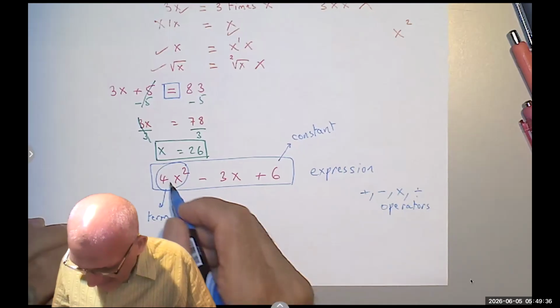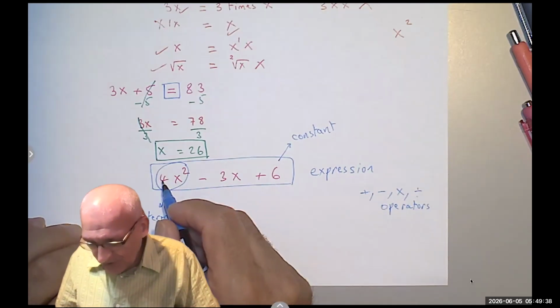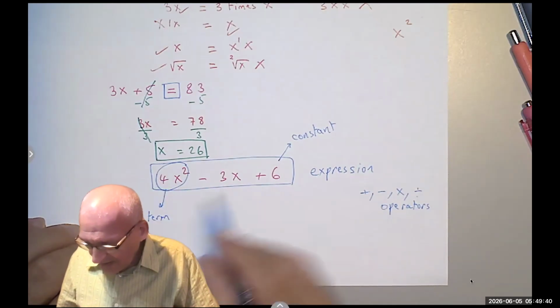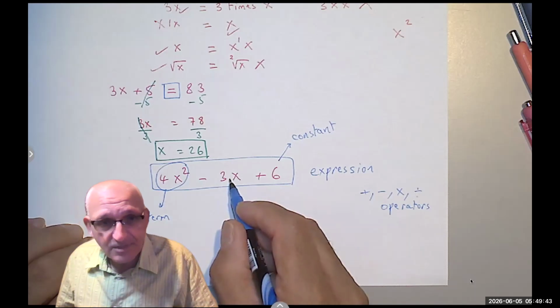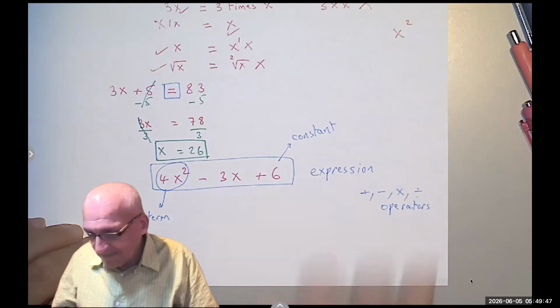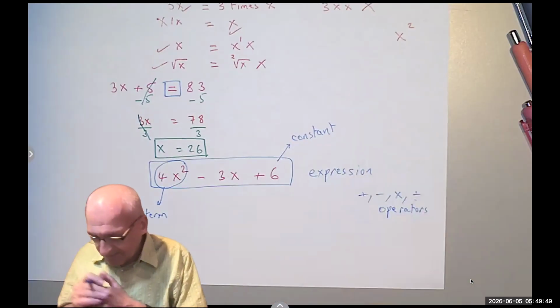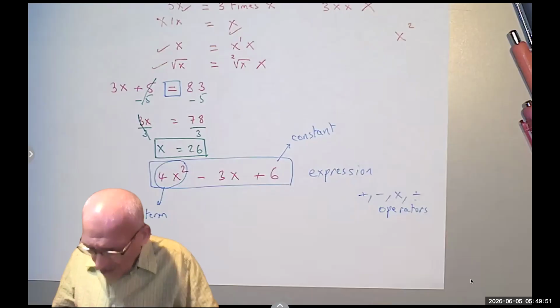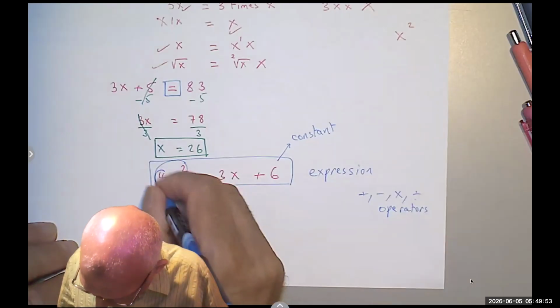I have a hidden multiplication sign between the 4 and the X squared. I have a hidden multiplication sign between the 3 and the X, right? We know that. We said multiplication usually is hidden. So what is the 4?